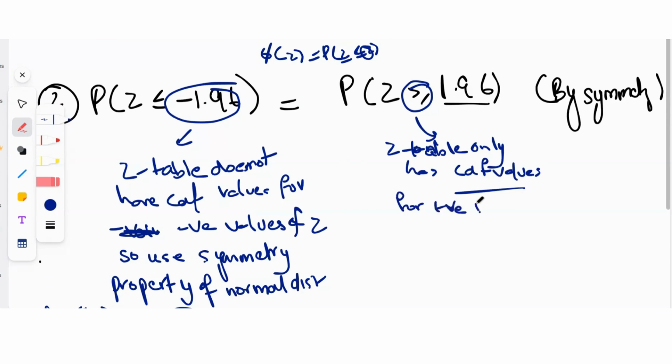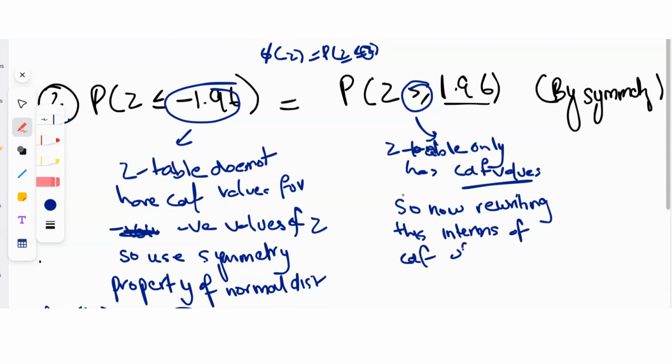So now I want to rewrite this in terms of CDF, and for this we'll use a complement, which we can then read from the table, because we'll finally have it in the form of a CDF for positive values. Remember, the table has only CDF values of positive values of Z.